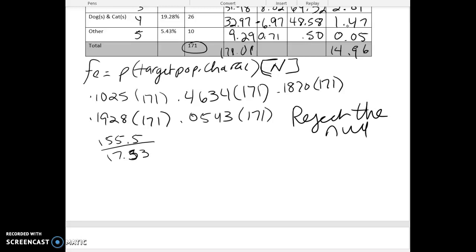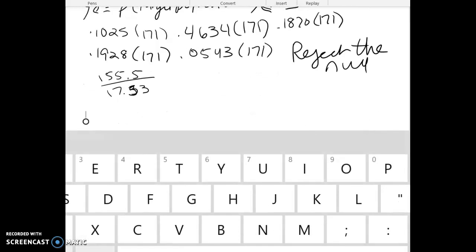And as in all of our other cases, we're going to need to type in a sentence.